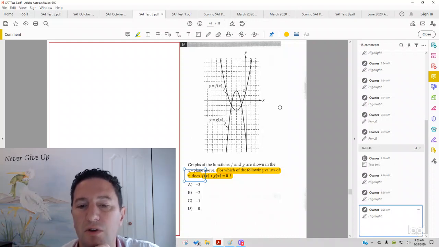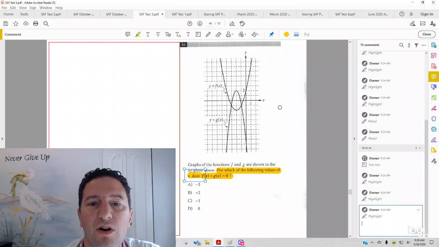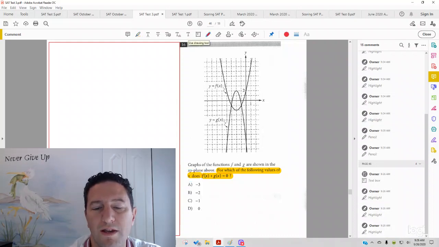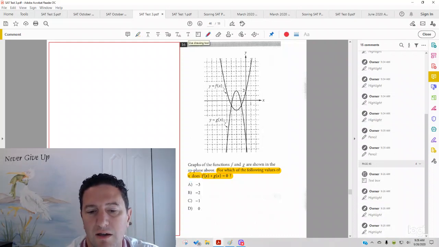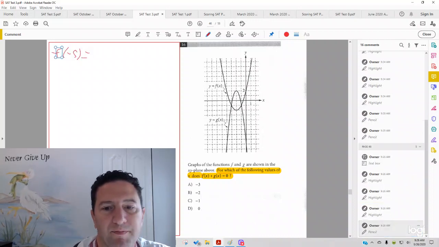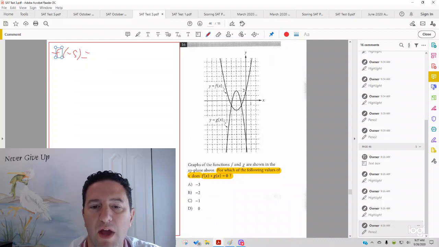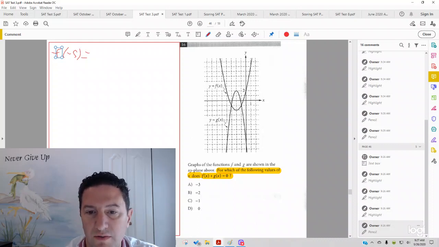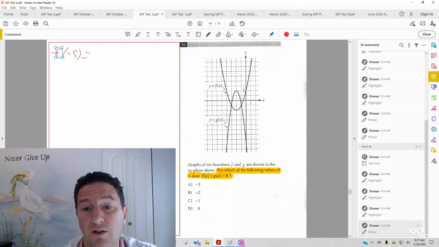In order to tackle this question, one thing that you need to know is what is meant by f of x plus g of x equals 0. And before you even know that, let's say we have f of negative 5. What does that mean? Well, if we look at the f of x graph, which is the smiley face, the graph that opens up, we go to where x is negative 5.